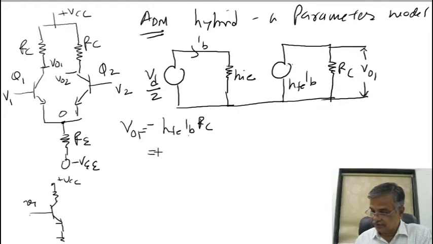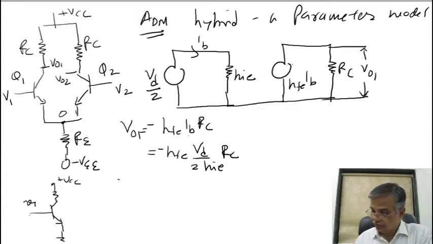The input voltage upon resistance, so VD by 2 upon HIE, into RC.